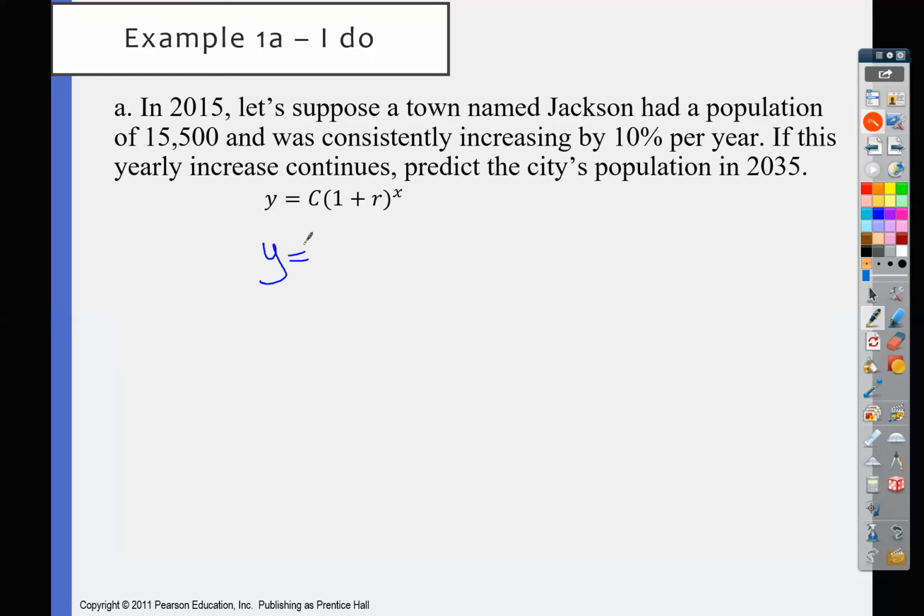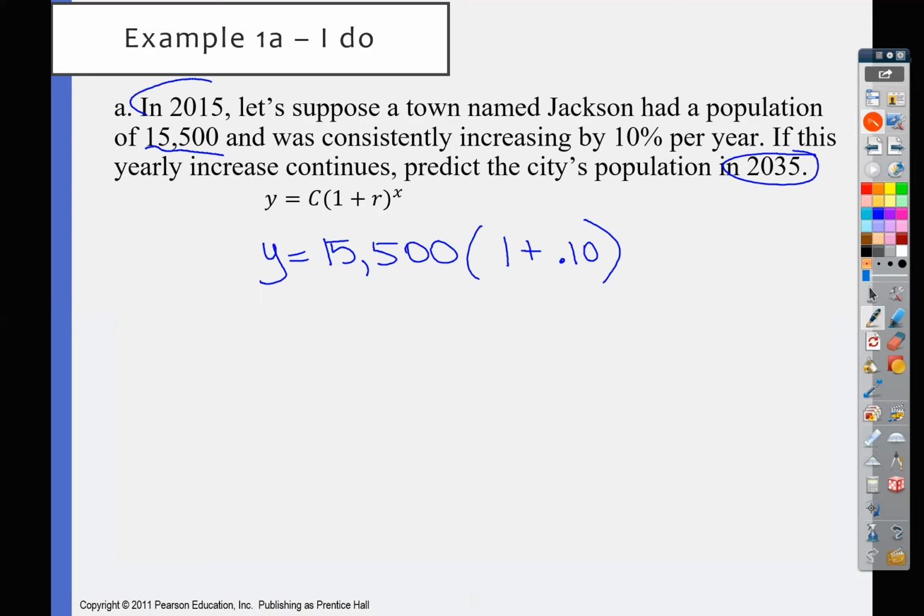The initial amount is c. I'm sorry, that should say c. So it had an initial population of 15,500, and it was consistently growing by 10% a year.